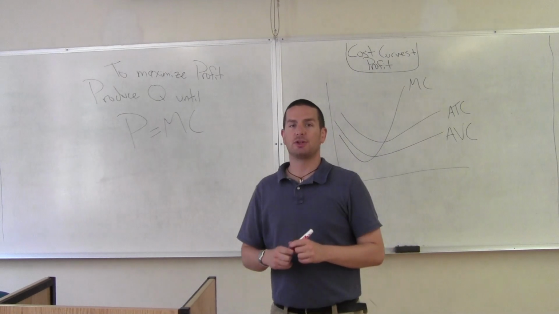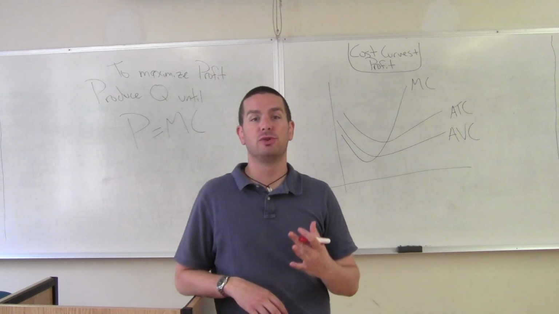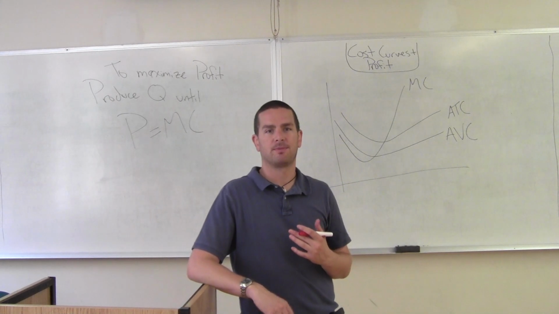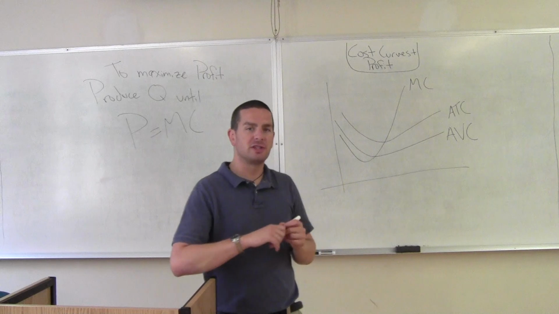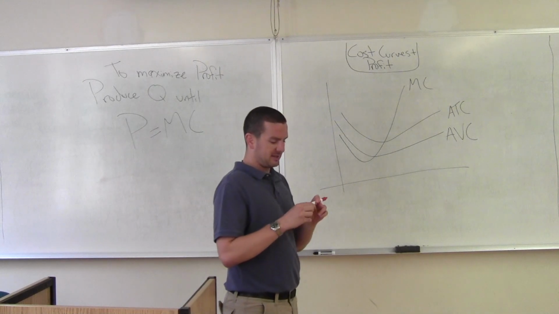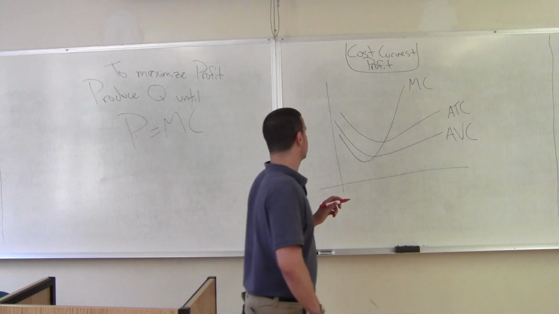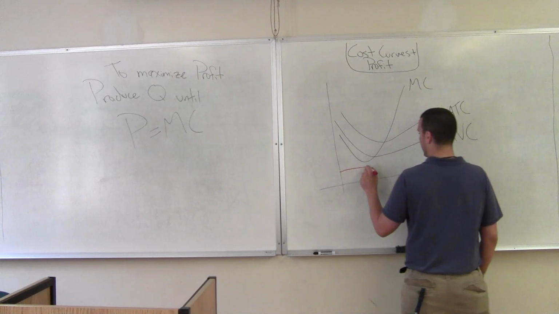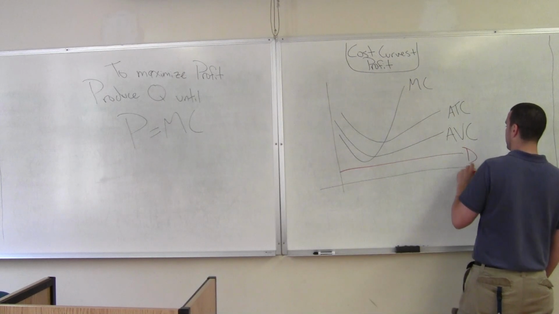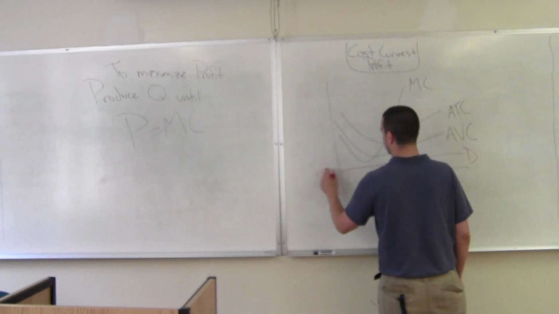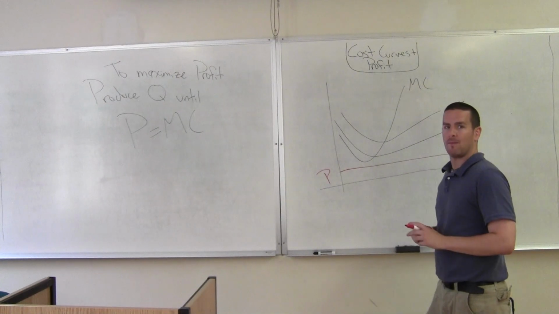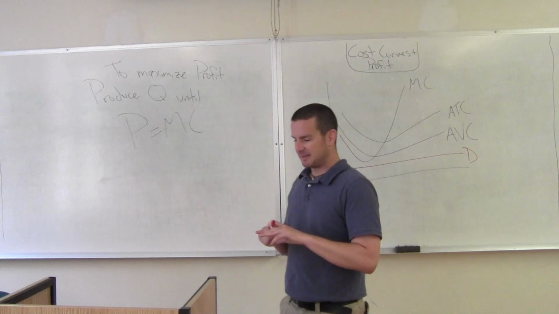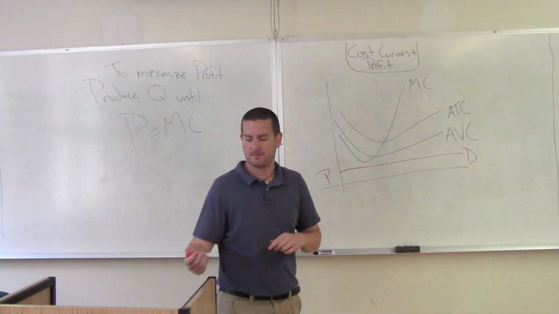Now, let's look at a situation where the firm is losing money. Okay? If the firm is losing money, if this is the demand curve they face. You're going to lose money if that's the demand curve you're facing.